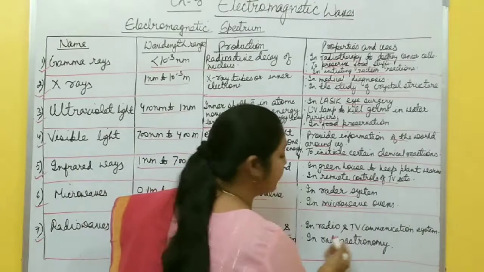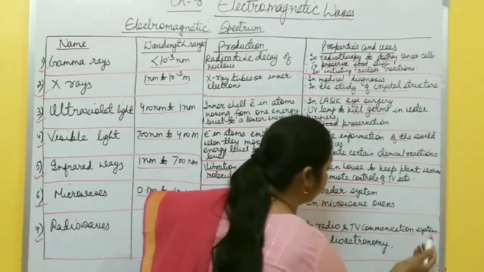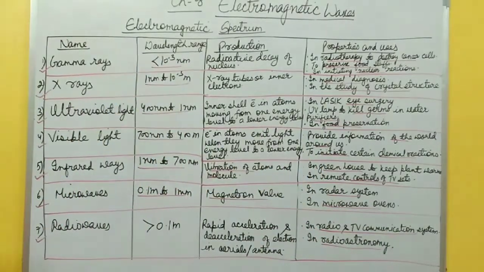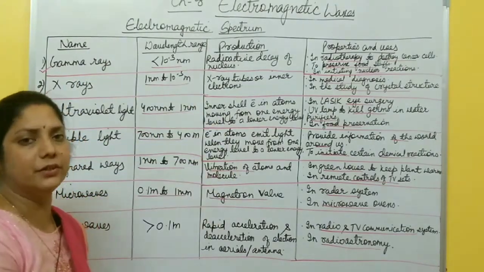Due to its large wavelength, it is used in radio and TV communication systems. It is used in radio astronomy. So these are the different electromagnetic spectrum ranges, starting from gamma rays, ending with radio waves. You must revise all the names of these electromagnetic spectrum regions serial-wise, then their wavelength range, production, properties and uses.